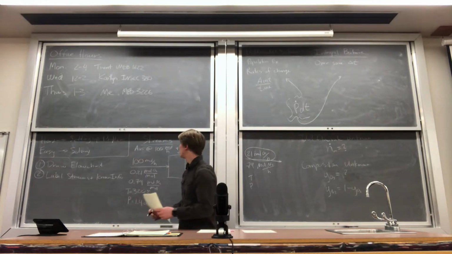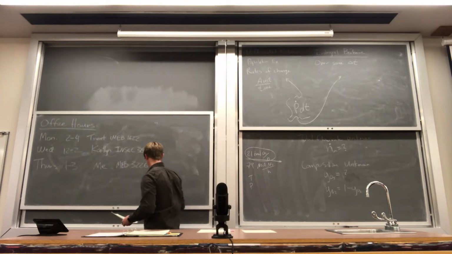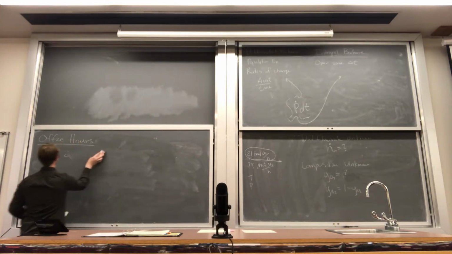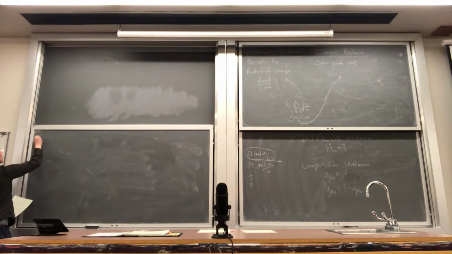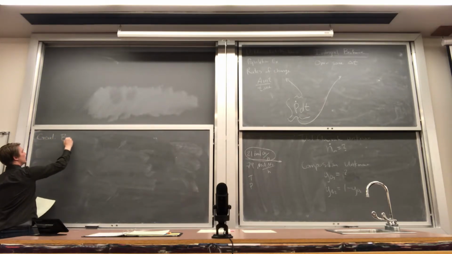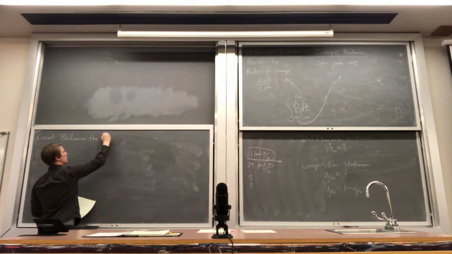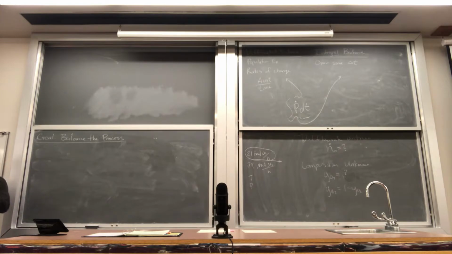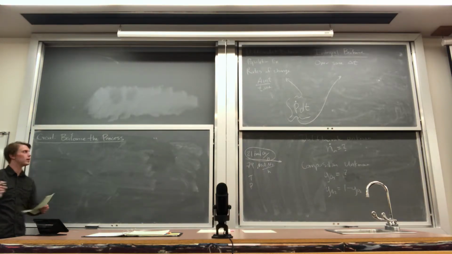So a balanced process. When I refer to a balanced process, what this means is that all of the inlet and outlet streams, the composition and total flow rate is known for every inlet and outlet.